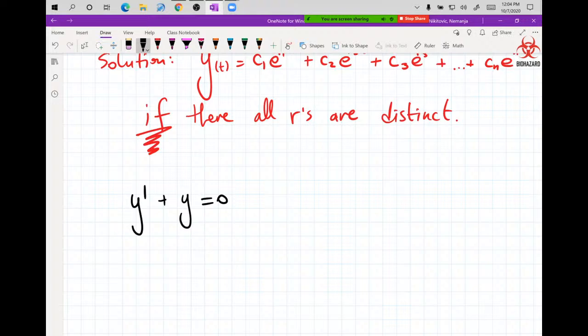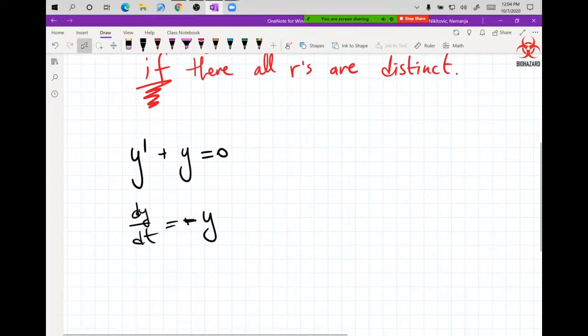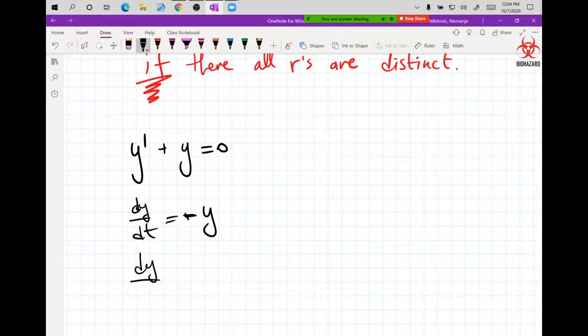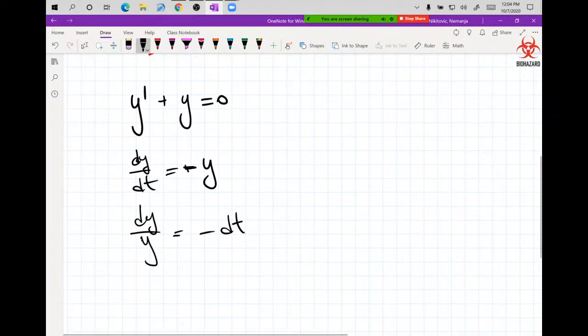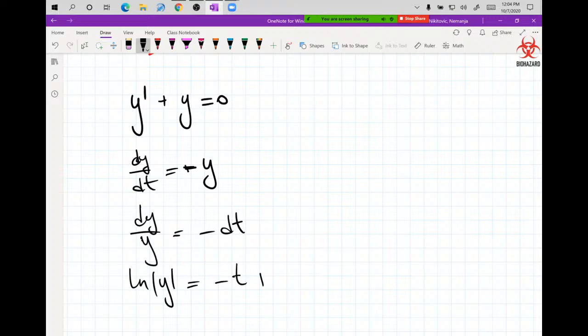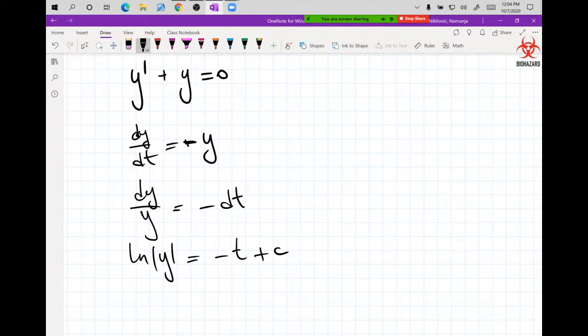So you can say dy dt is equal to negative y, and then you have dy over y is equal to negative dt, and when you integrate both sides you get ln of the absolute value of y is negative t plus c, and then when you exponentiate both sides it works out to be y equals e to the negative t, and then this c becomes a constant in front. You can call that C1 or whatever you want to call it.